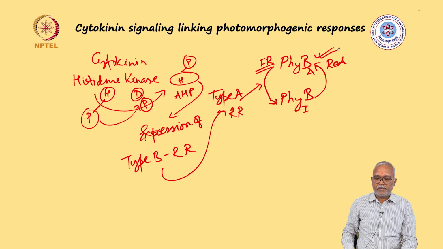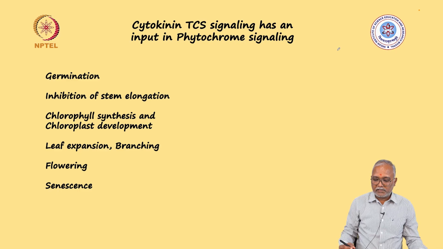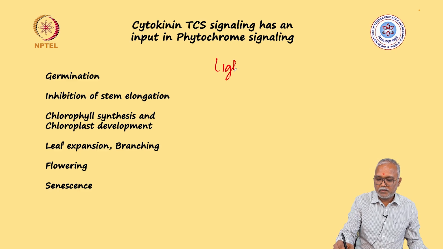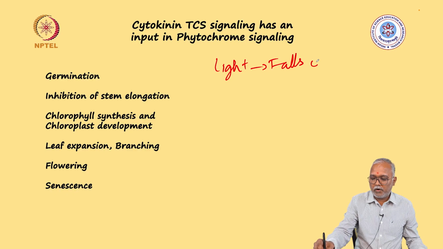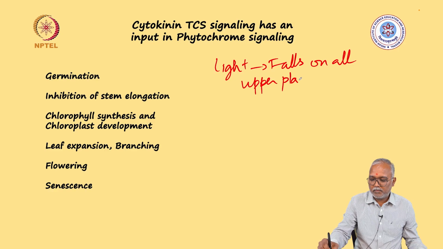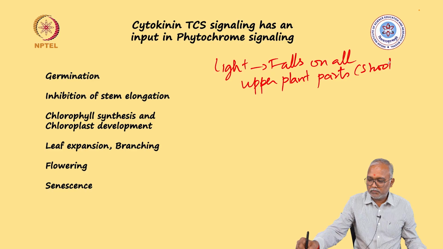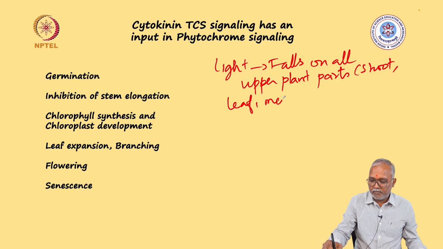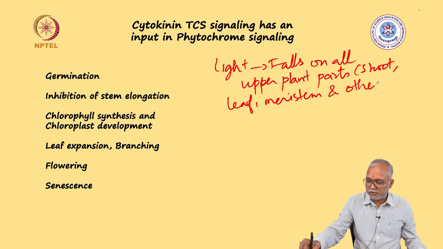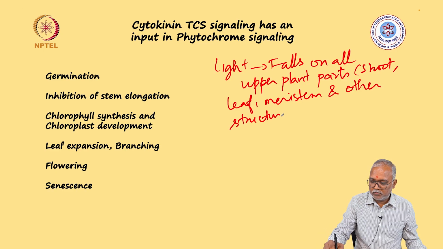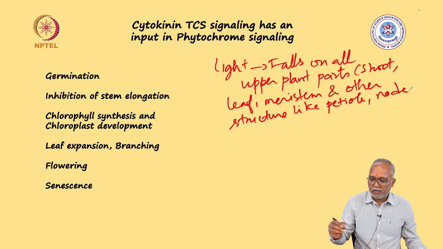So, what exactly phytochrome B signaling, when it is activated, what it does? So, basically it responds to the light, and you can understand that light falls on all upper parts of the plant, which has shoot, leaf, meristem and other structures like petiole, node and so on.